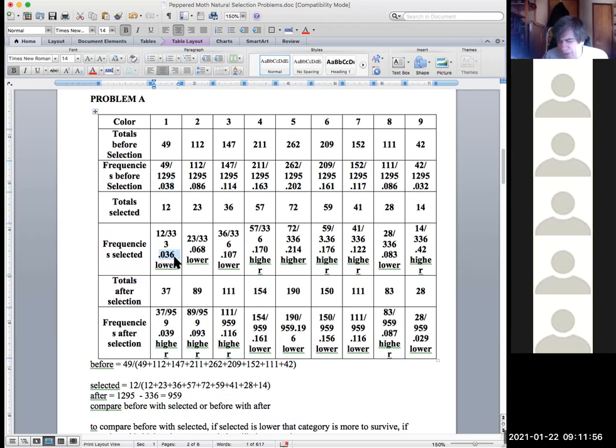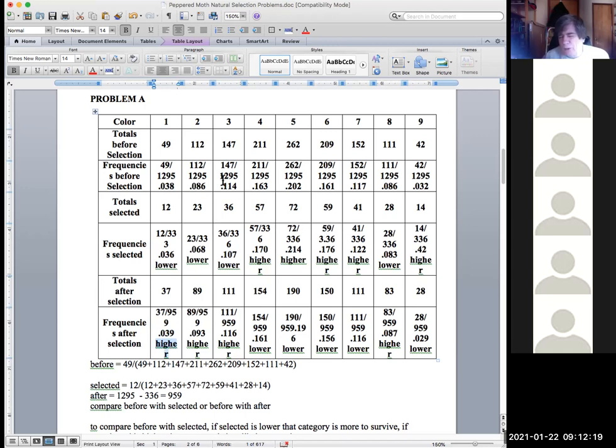So I compared that to the frequency selected, which was 0.36, and this number is lower than the frequency before. I compared the frequency after selection, which was 0.039, to 0.038, and this was higher than the frequency before.